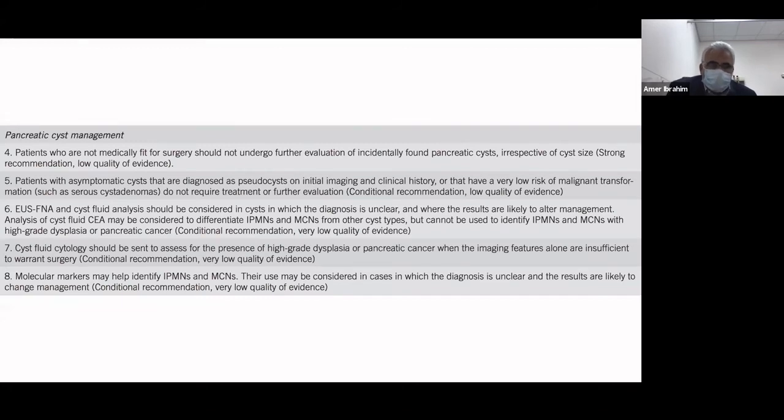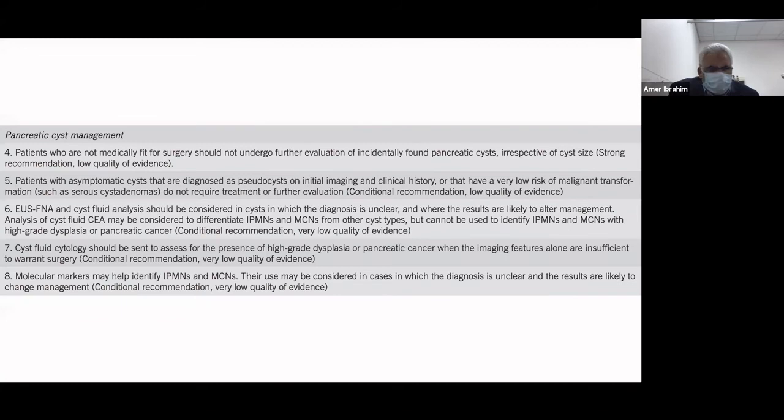And when it contains mucus, then it is a tumor. It doesn't say it is cancer, but it is a tumor. It could be MCN, mucin secreting cystic neoplasm, or it could be IPMN, which is intraductal papillary mucinous neoplasm.